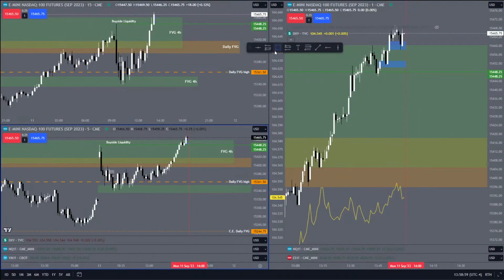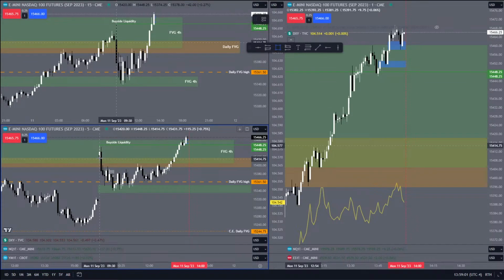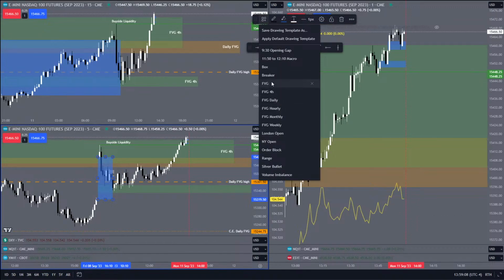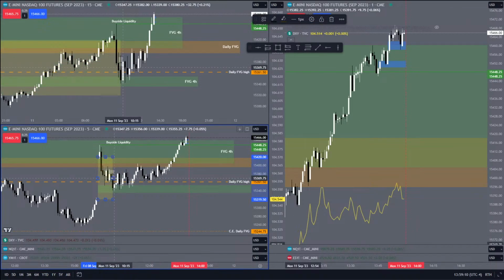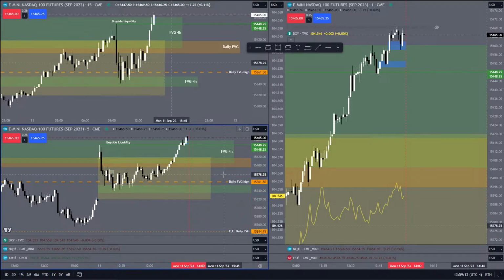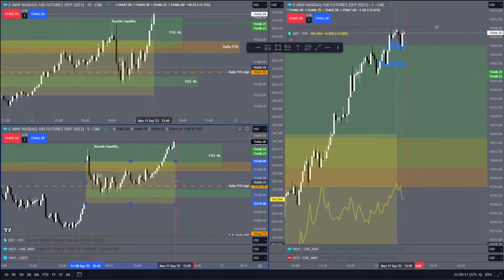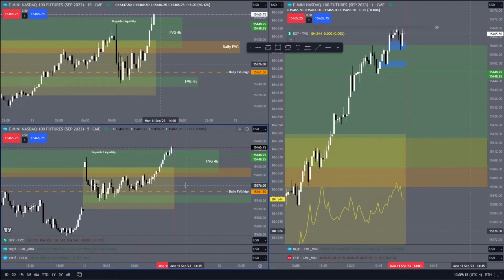Let's measure out the opening range gap on NASDAQ. Okay, so that's our opening range gap on NASDAQ. It's significantly lower. Just gonna leave that there.